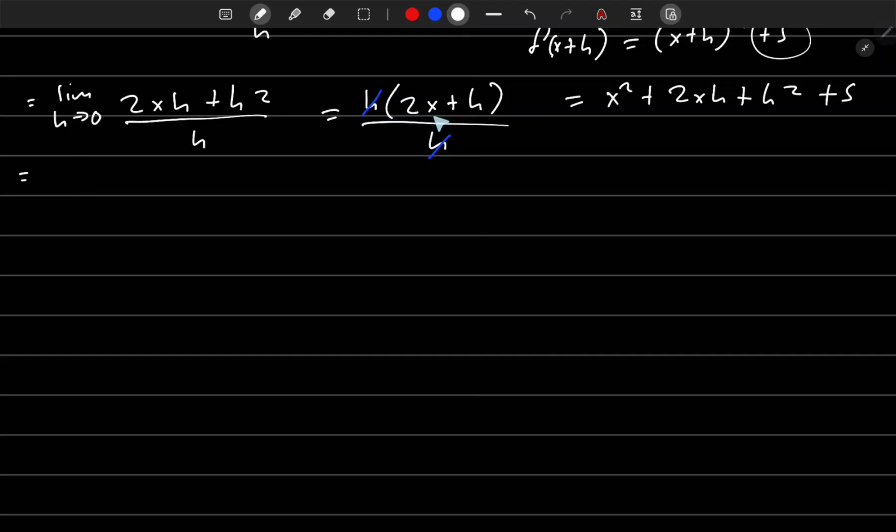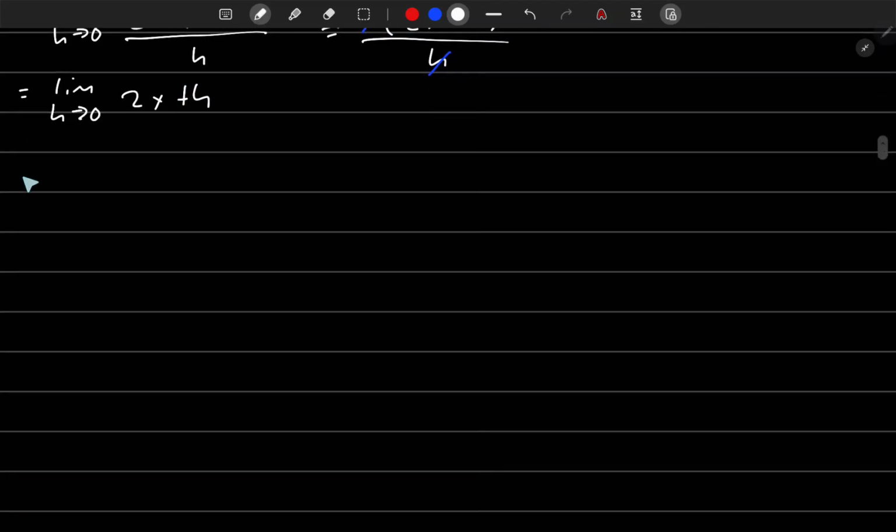So this is now the limit as h approaches 0 of 2x plus h. Now here is the last step. I explained this in the previous video: h is going to approach 0 anyway, so it just falls away because it's negligible. So we can say this is equal to 2x.